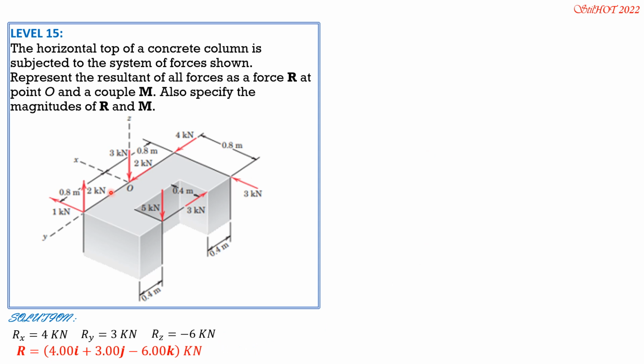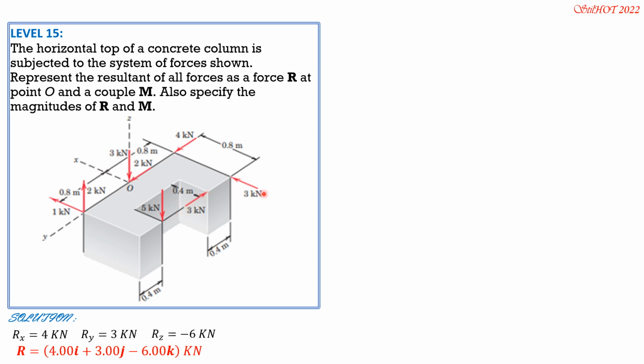Then for moment, let's use scalar approach again by right thumb rule. MOX, this is your right thumb. So if that's the right thumb, the positive sense of moment about OX would be in that sense. So it is 2 times 0.8. Then these horizontal forces pass through X, so they produce no moment, as well as this one.